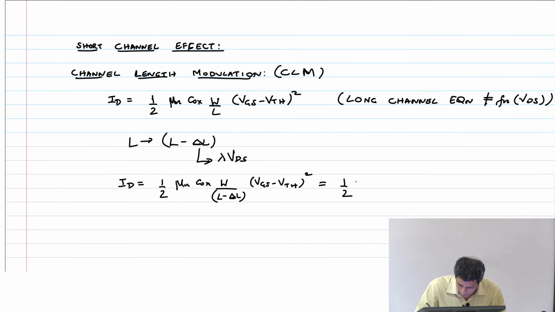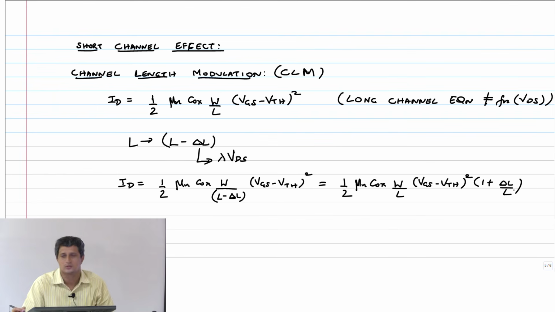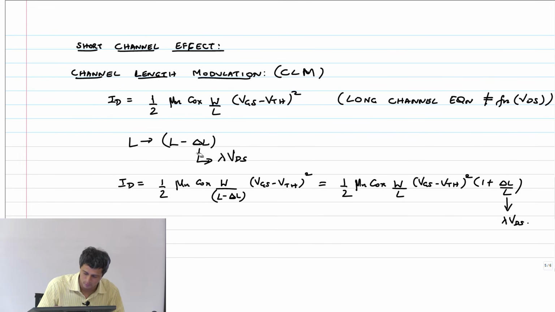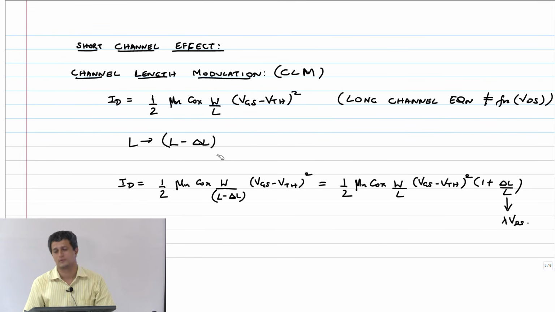So this will become half mu n Cox W by L into (VGS minus VTH) the whole squared into (1 plus delta L by L). So this is what we are going to say is lambda VDS, okay, not just the delta L. So let me remove this to avoid any confusion. This lambda is called the CLM parameter.